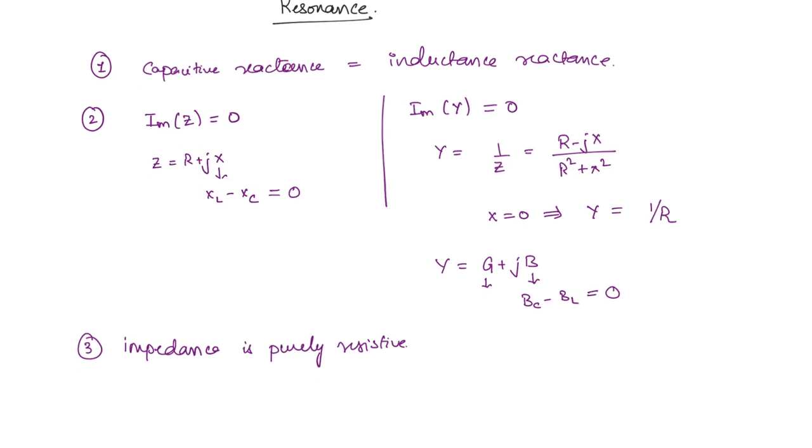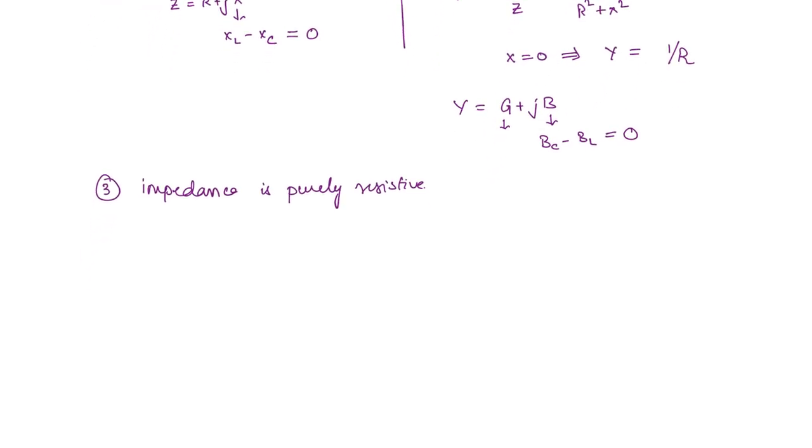Okay. Now what about the phase relationship between voltage and current if impedance is purely resistive? If Z is equal to only the resistance value, this means that you can write in terms of magnitude and phase as mod Z angle 0 degrees. So what will happen to the phase relationship between voltage and current? V by I is Z, right?